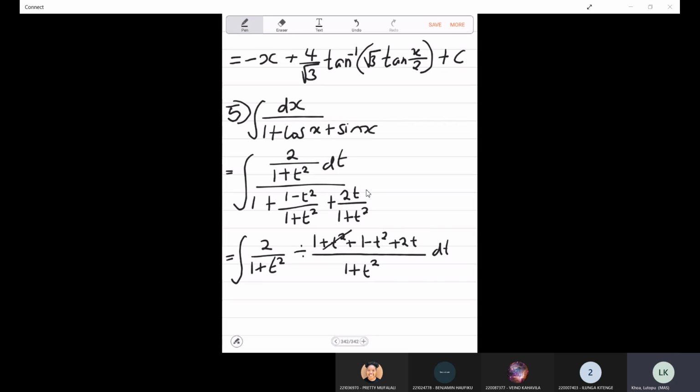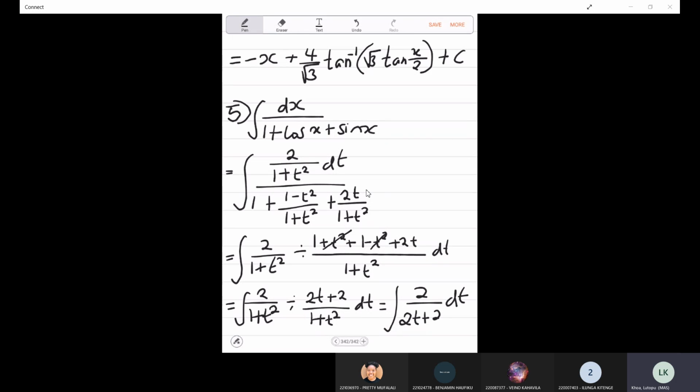The t squareds can cancel, then we have 2t plus 2. So this is the integral of 2 over 1 plus t squared divided by 2t plus 2 over 1 plus t squared dt. And this is the integral of 2 over 2t plus 2 dt.